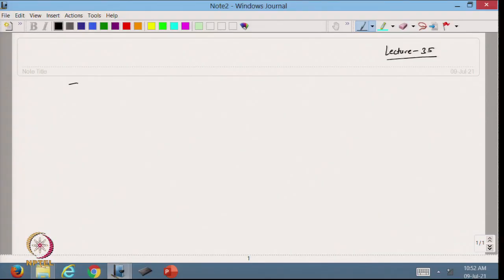Now we are going to define a very important theorem regarding isomorphism.